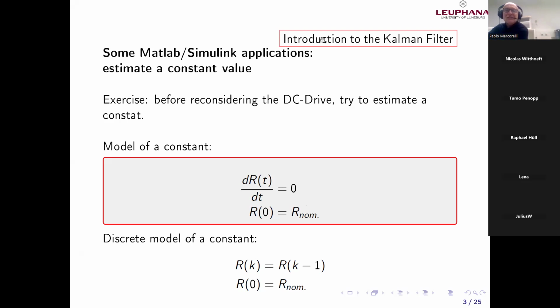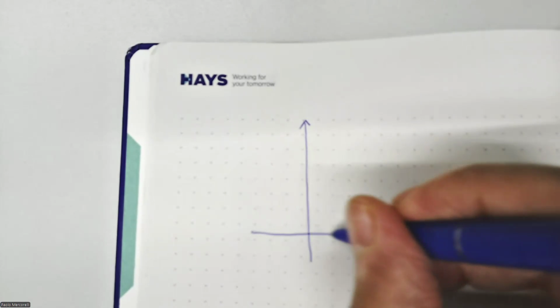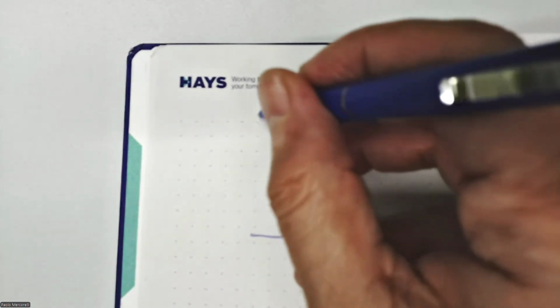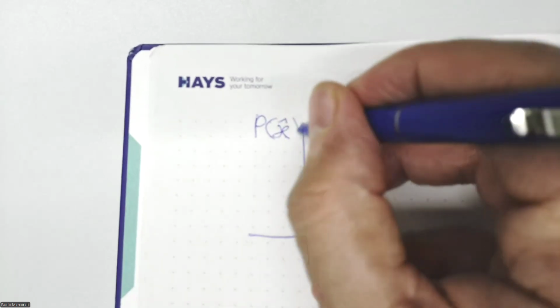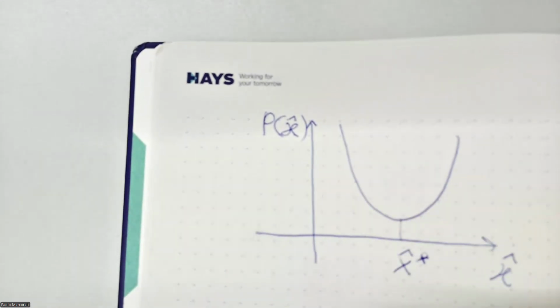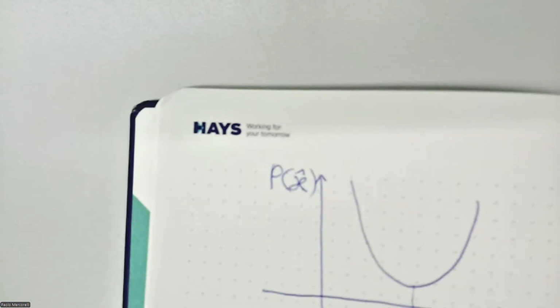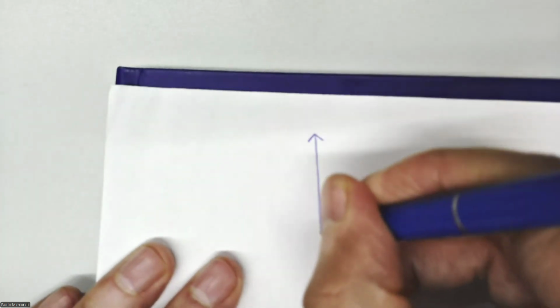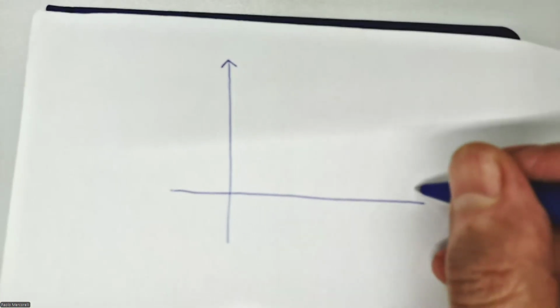I try to explain this concept, which is fundamental. Again, this picture, or this graph. Again, as before.